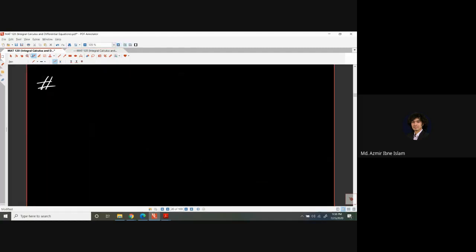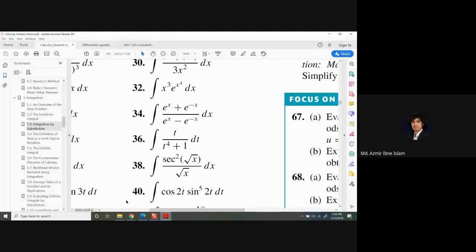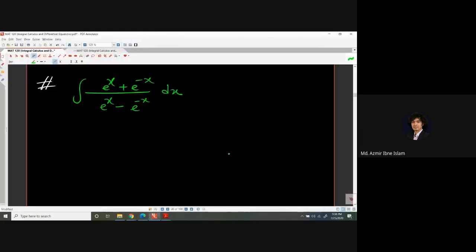So let me write this function here. We have the indefinite integral of e to the power x plus e to the power minus x over e to the power x minus e to the power negative x dx. Let me check again. Yes, I have written the correct thing.